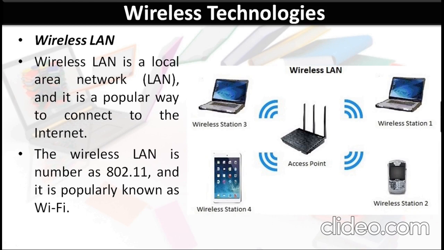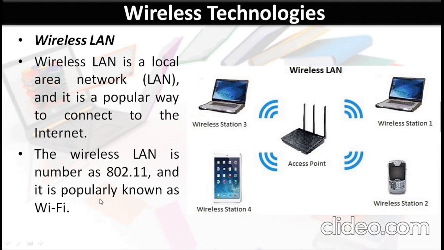If you have mobile phones at home, you can have one wireless access point so that everybody can connect and access the internet. This wireless LAN is numbered 802.11, and it is popularly known as Wi-Fi. So Wi-Fi is also a wireless technology.